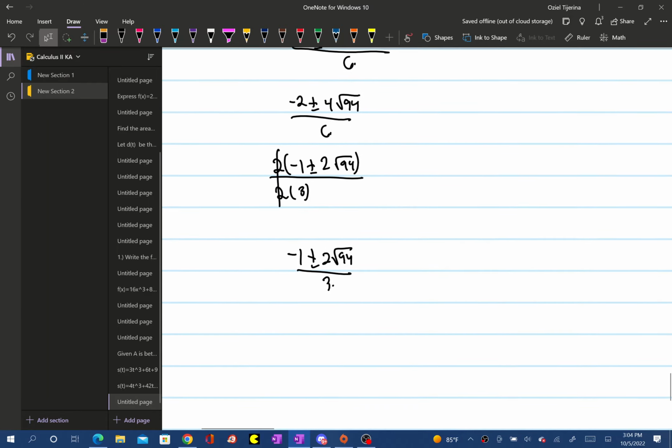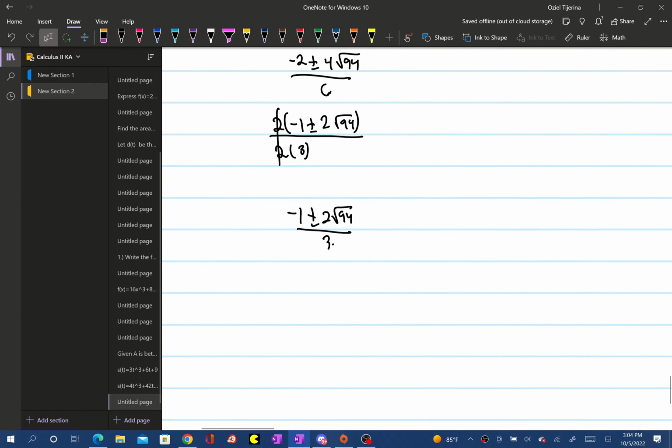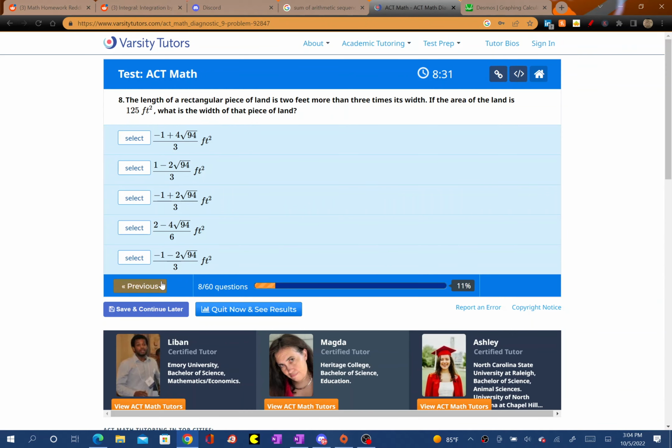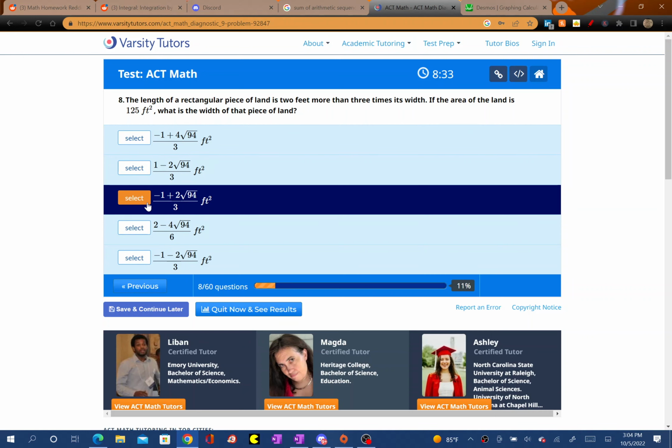It has to be positive. If you do minus, it's going to give you a negative, so width has to be positive. So your width is negative 1 plus 2 square root of 94 over 3.